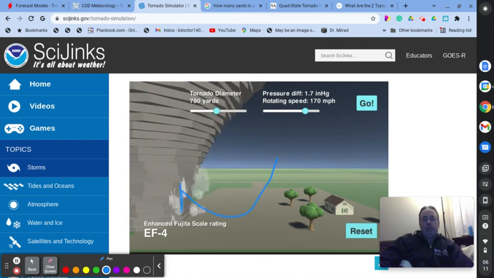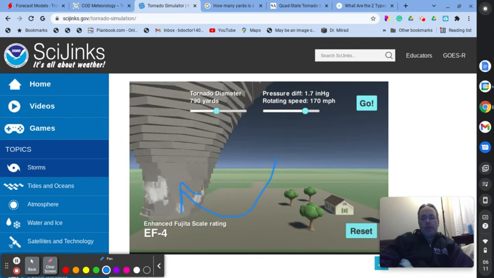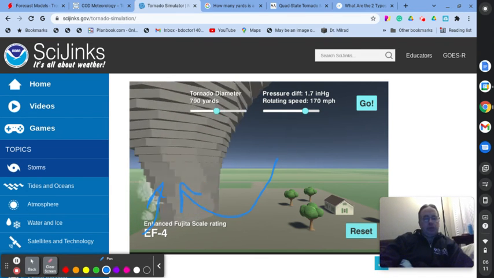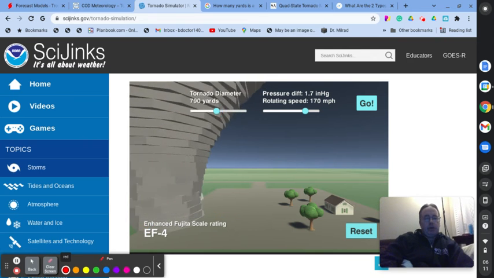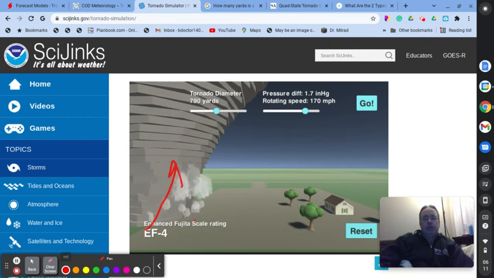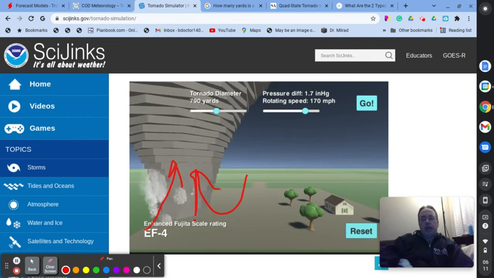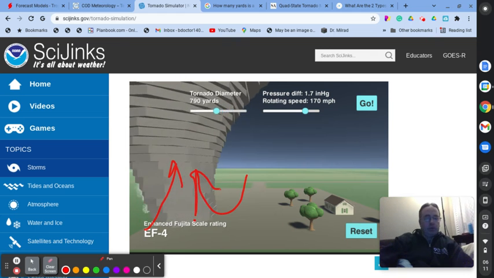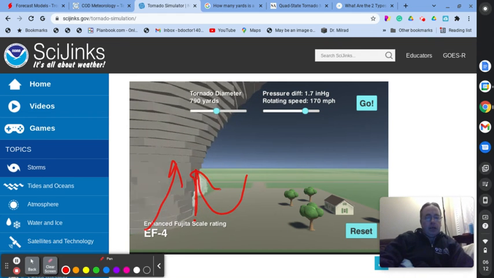You have warm air rising, right? Oh, I should actually make a different color. You have warm air rising into the tornado if it's hot out or the dew points are high.